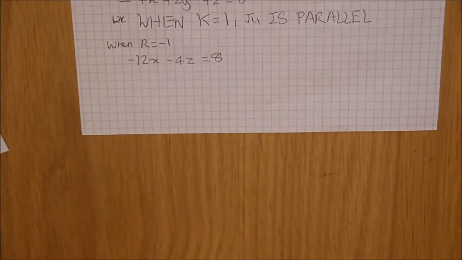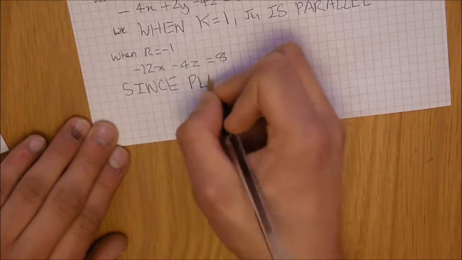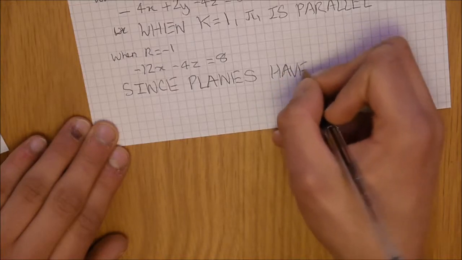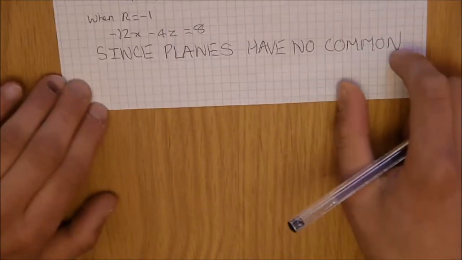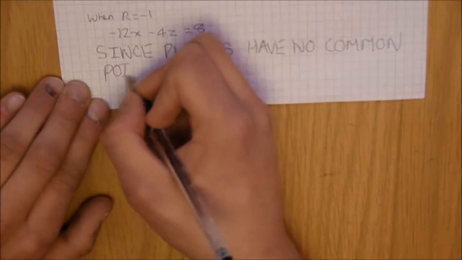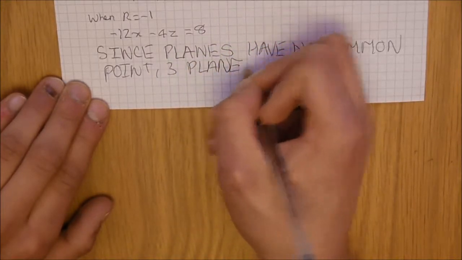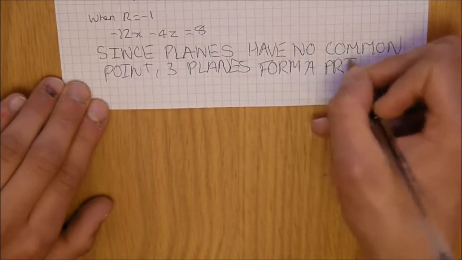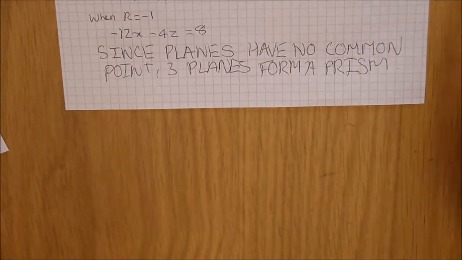If you notice that that does not look anything like the other planes, so you can simply say, since planes have no common point, the 3 planes form a prism. Now then, that is the worked answers to every part of that question.